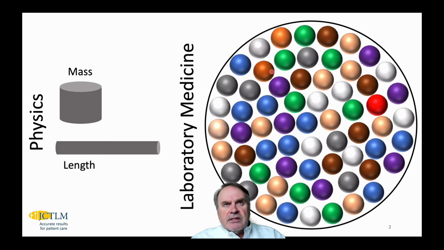In contrast, measurements in laboratory medicine are commonly about measuring the concentration of molecules that are present in very low concentrations amongst a multitude of other molecules, many of which are present in much higher concentrations.